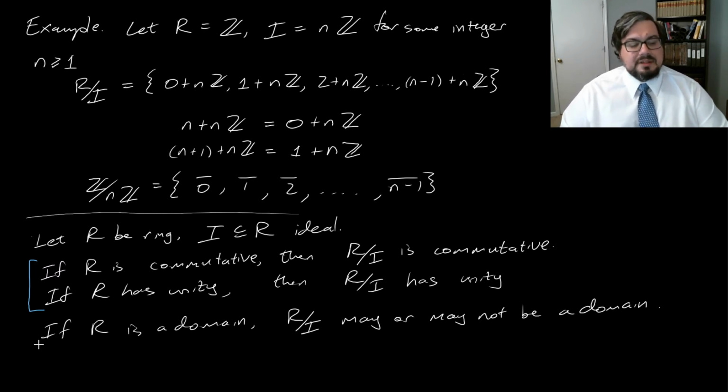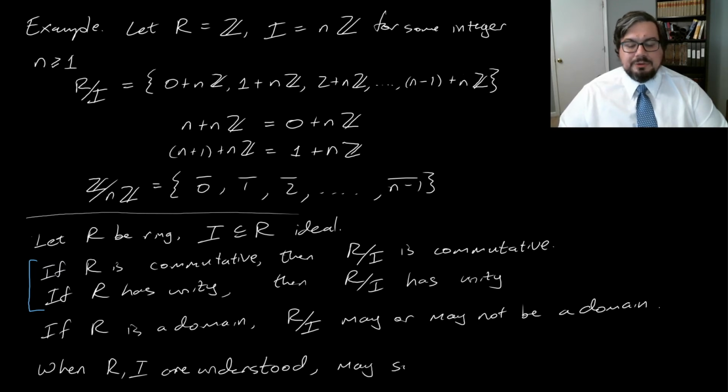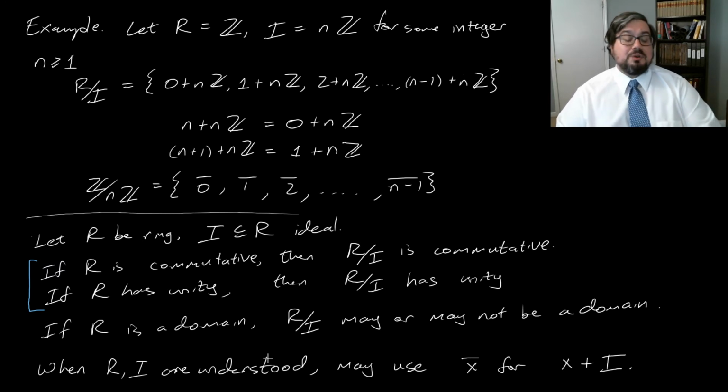The other thing that we're going to note based on this example is that before we had been using this overline to represent equivalence classes, and then later cosets, which are equivalence classes. We're going to continue to do the same here. So when R and I are understood, we may use the notation x bar to stand for x plus I, to stand for the coset of I with x as its representative.